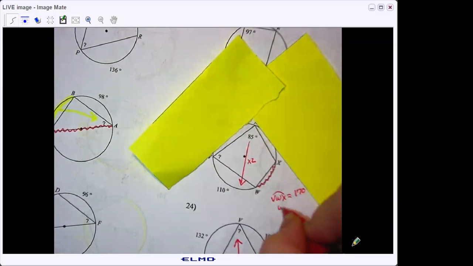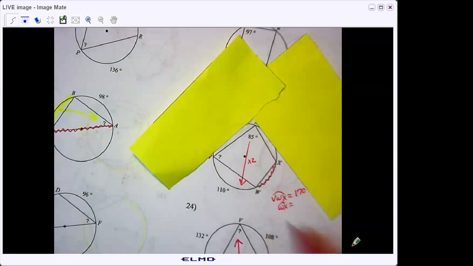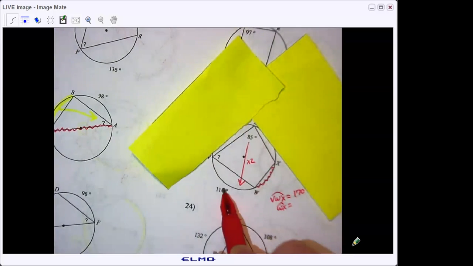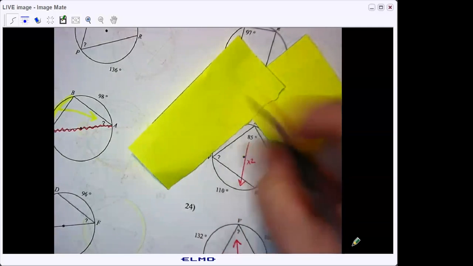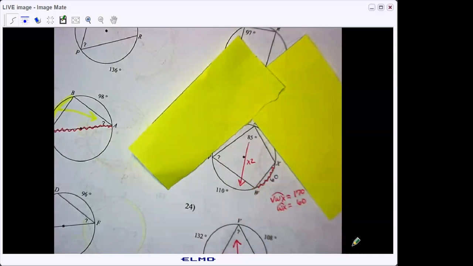So WX is equal to, we take the 170, subtract the 110, and we get 60. So we know that this arc is 60. Did I lose anybody with that?